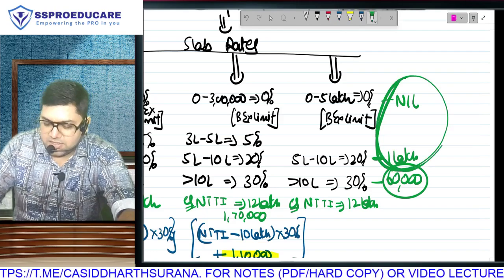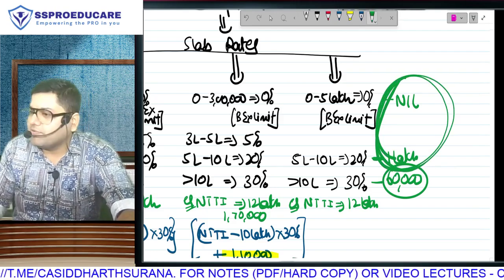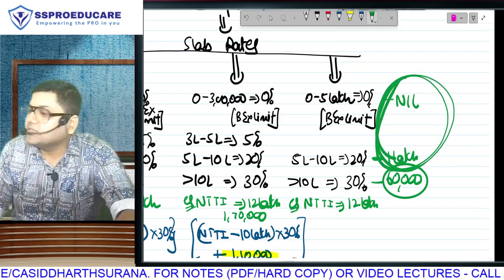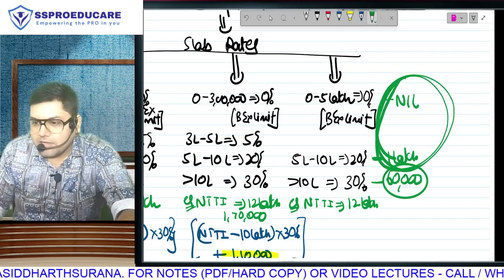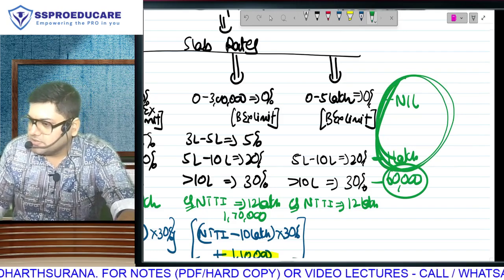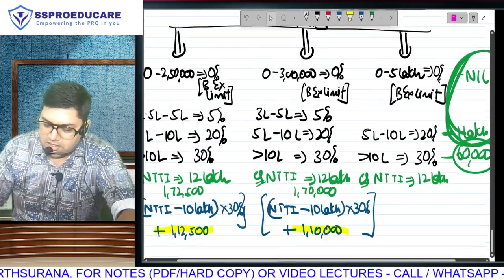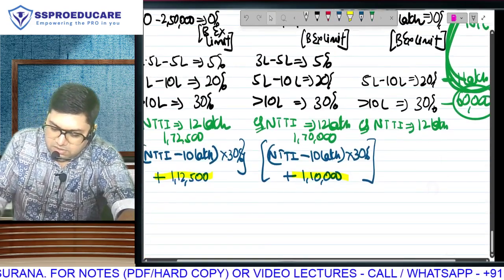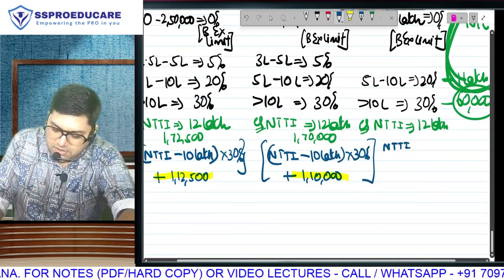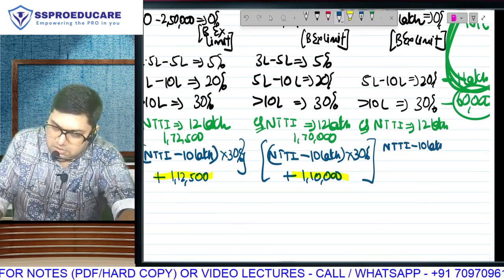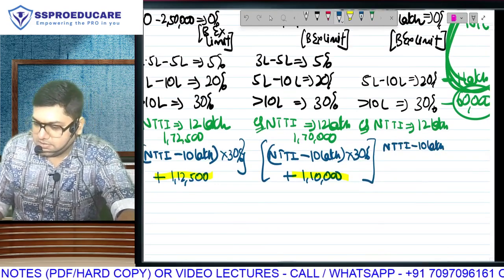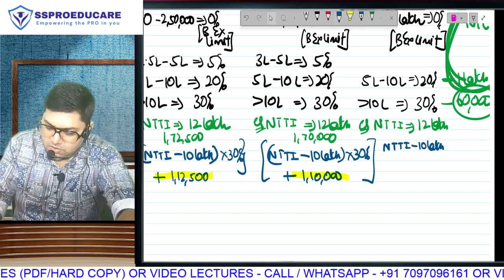This will remain constant. For the first assessee, it was 1 lakh 12,500. For the second assessee, it was 1 lakh 10,000. And for the third assessee, it is 1 lakh. So accordingly, our shortcut for this third assessee will be net taxable total income minus 10 lakh. Thank you. Bolo.